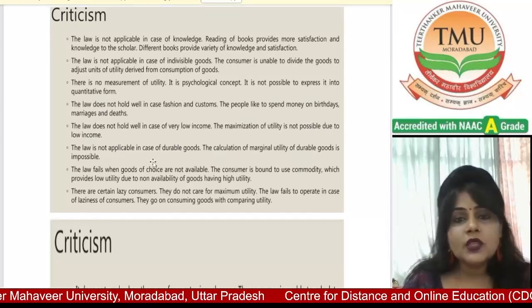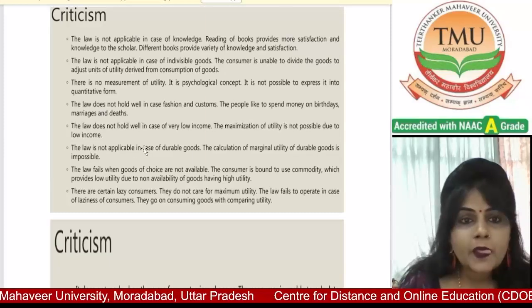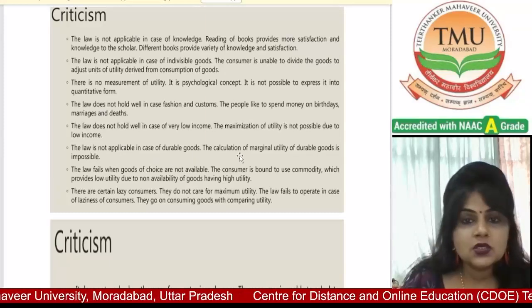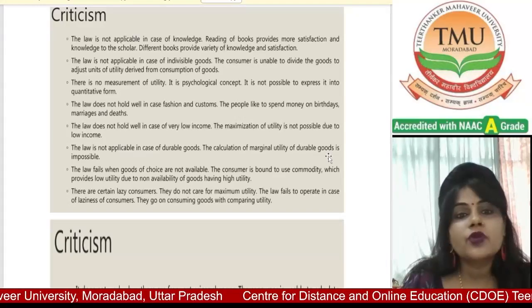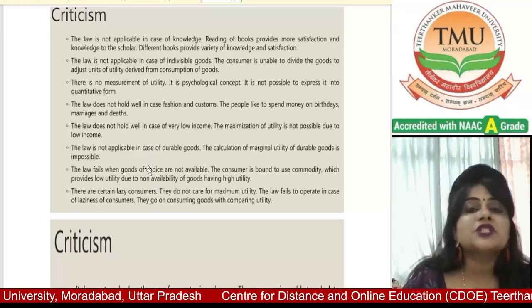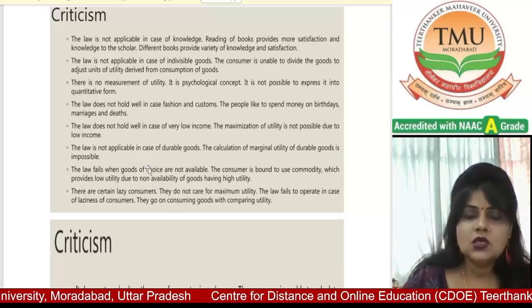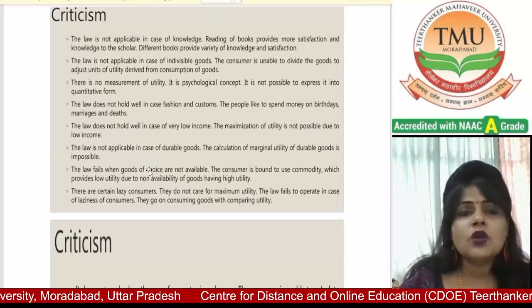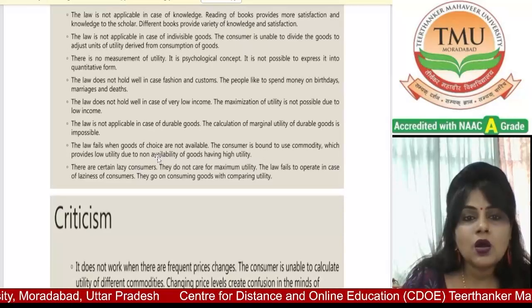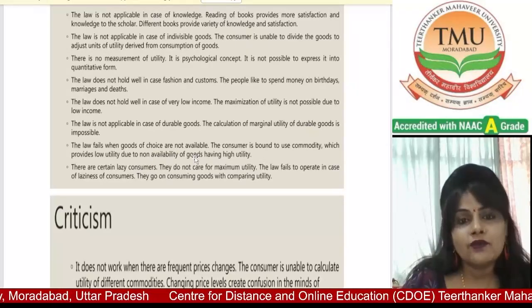Now, next, the law is not applicable in case of durable goods. The calculation of marginal utility of durable goods is impossible. Many durable goods, such as machines and clothes, it is not possible to count their utility. The law fails when goods of choice are not available.